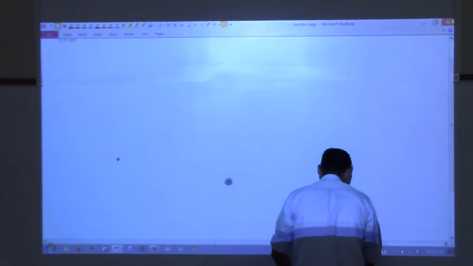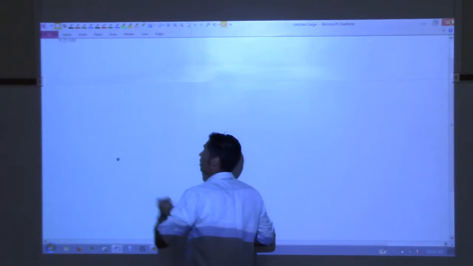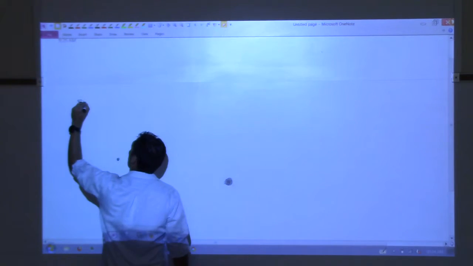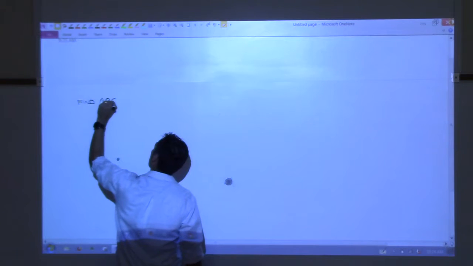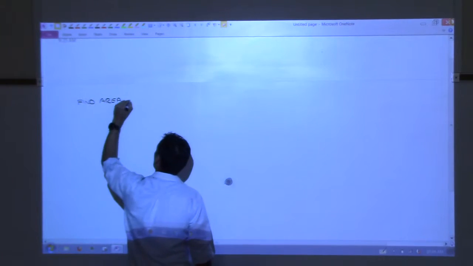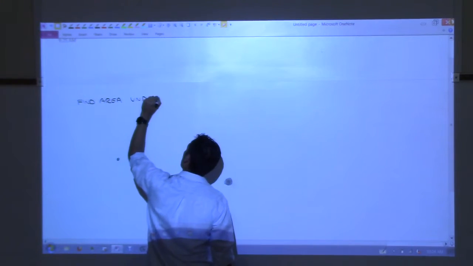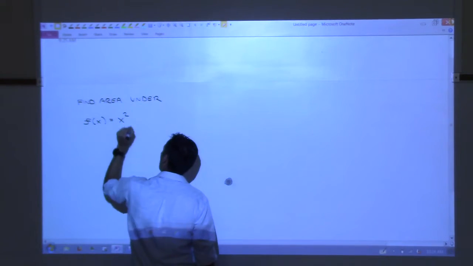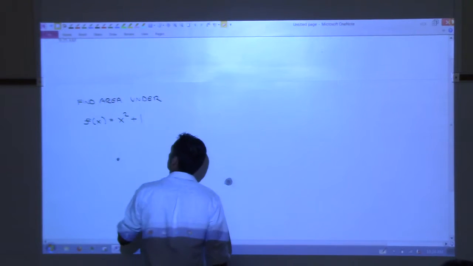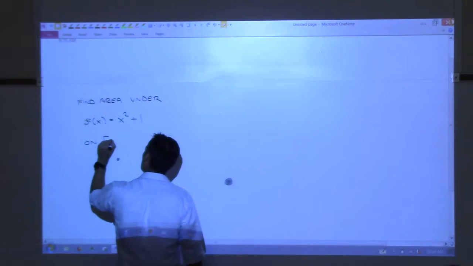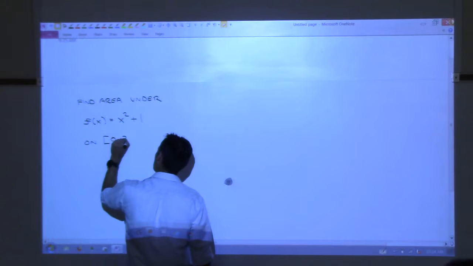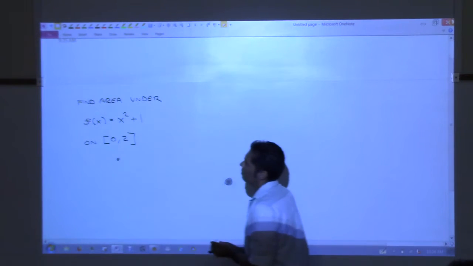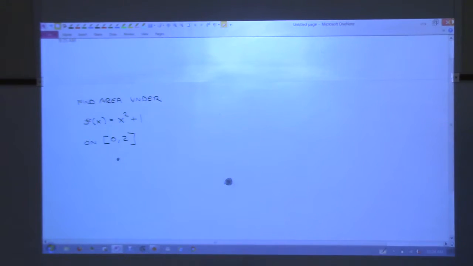Okay, so let me put the task, the problem at hand here. I want us to find the area under the function f of x equals x squared plus 1 on the interval 0, 2. I'm going to draw the picture, all right?